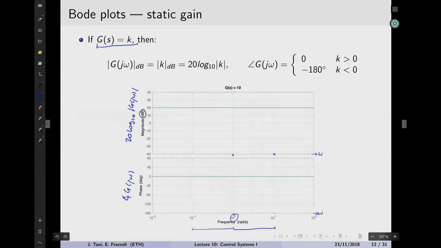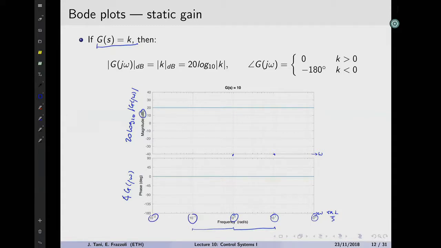So 10 to the 0 would mean 1 hertz, or radians per second here if we're representing it as omegas. 10 to the 1 would represent 10 radians per second. 10 squared would be 100, right? So here it's 0.1, 0.01.